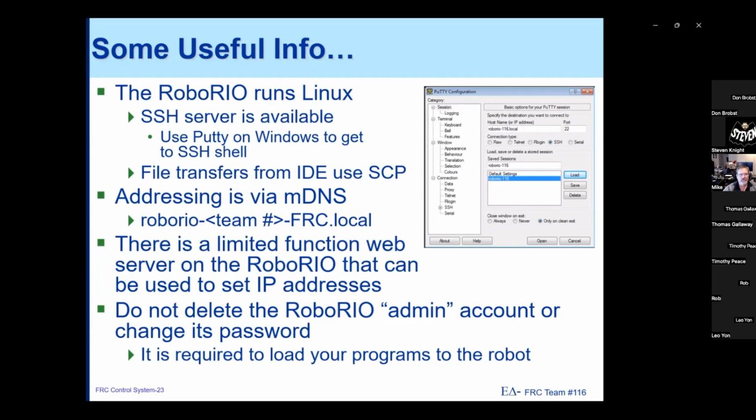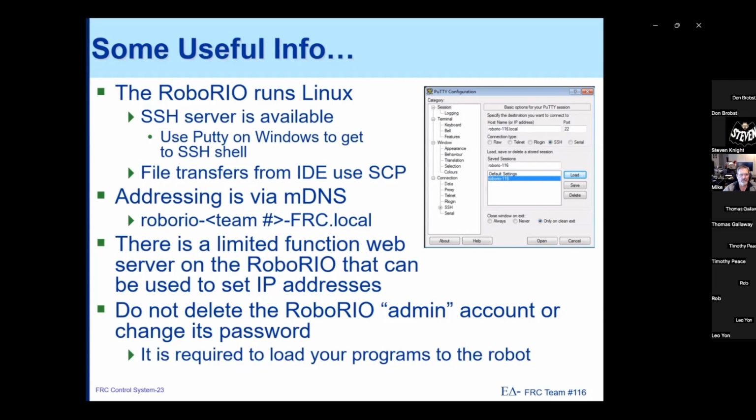Any file transfers that happen between your development laptop and the RoboRio are done using the secure copy program. It's a variant on the SSH protocol that allows you to securely copy files back and forth. Addressing for the RoboRio is done using the Multicast Domain Name Service, or mDNS.